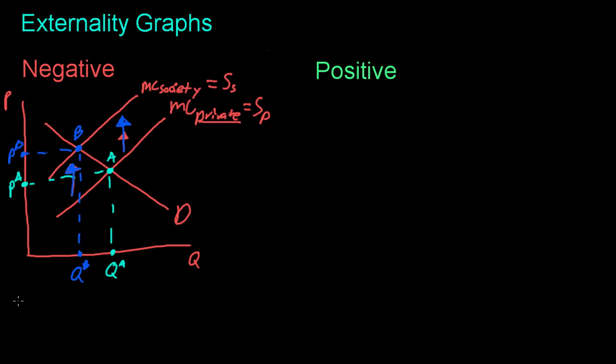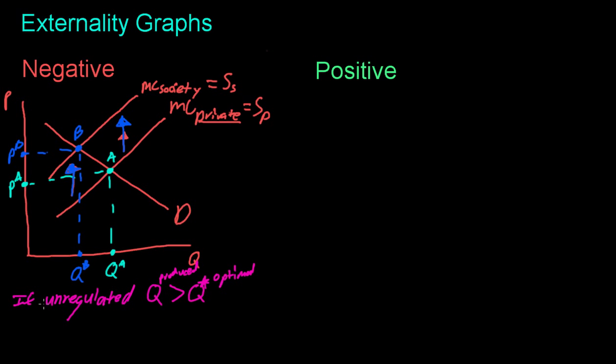So if unregulated equilibrium, and I'm not going to write out equilibrium, the quantity produced will be greater than the optimal quantity. So this is the quantity produced, and that will be greater than the optimal quantity, the Q star, which is optimal.